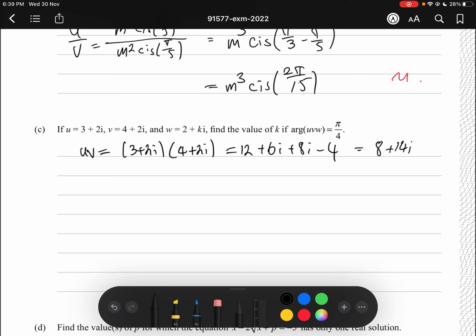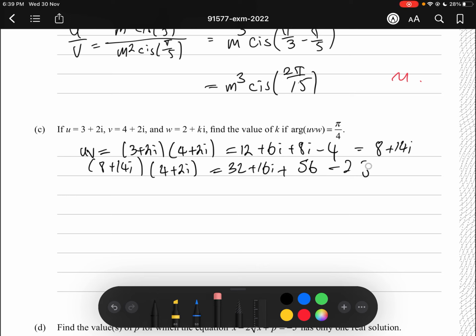And now let's multiply by w, so we have 8 plus 14i multiplied by 4 plus 2i, that is equal to 32 plus 16i plus 14 times 4 is 56 minus 28.